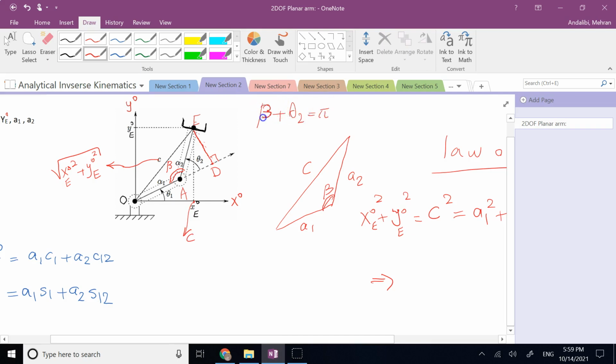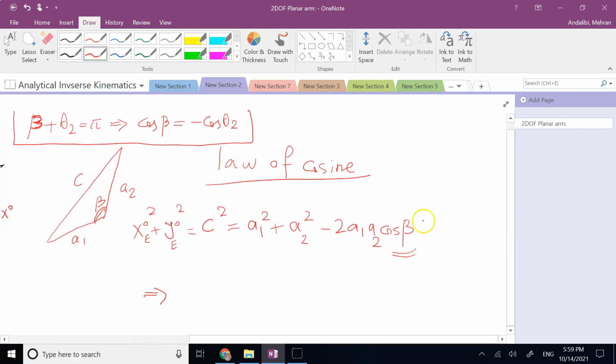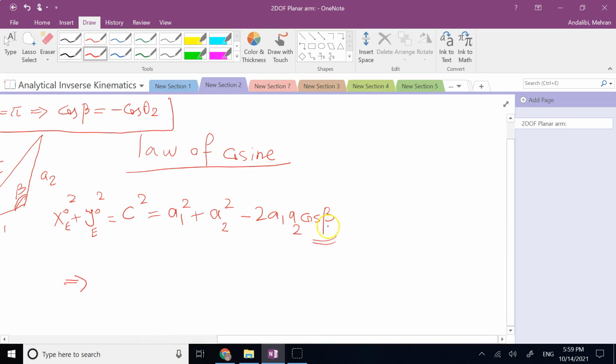When two angles are such that the sum of them is 180, you know that cosine of one is negative of cosine of the other. So instead of cosine beta, I can use negative cosine theta 2, correct? This we know from trigonometry. If I plug it in here, then it is going to be negative cosine of theta 2, and then these two negatives would cancel out.